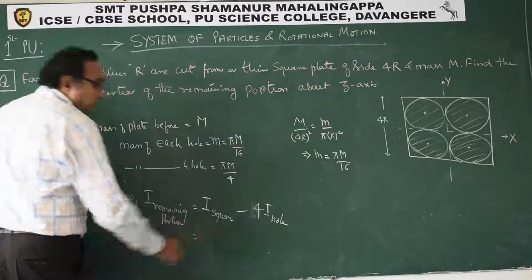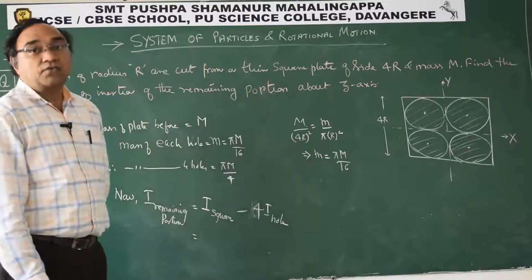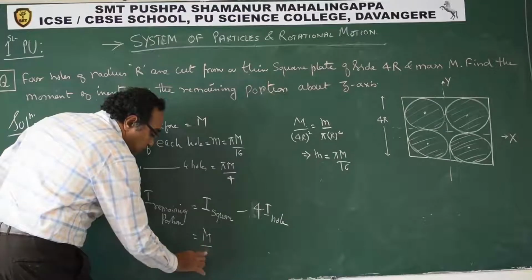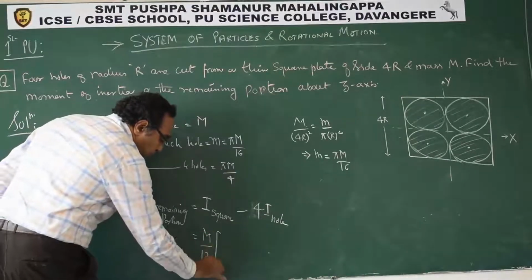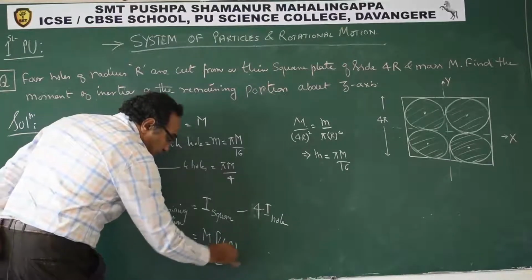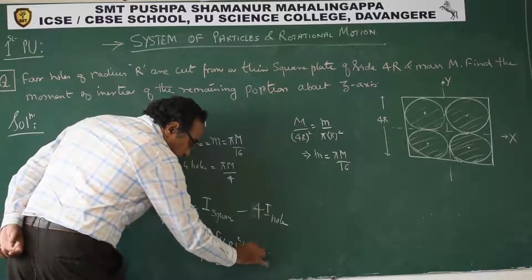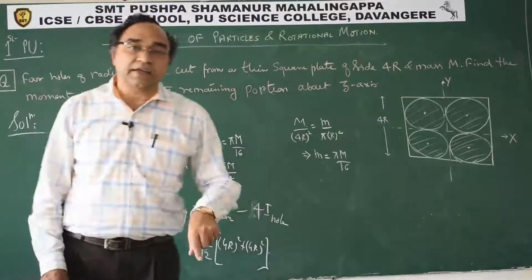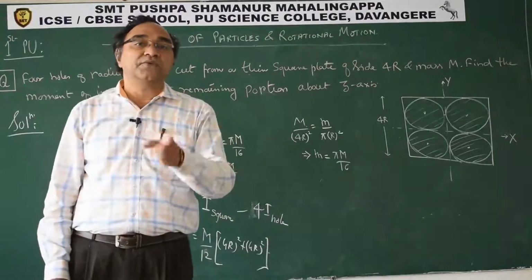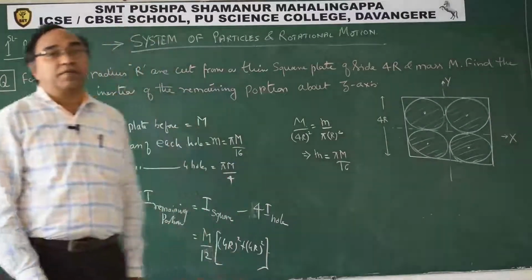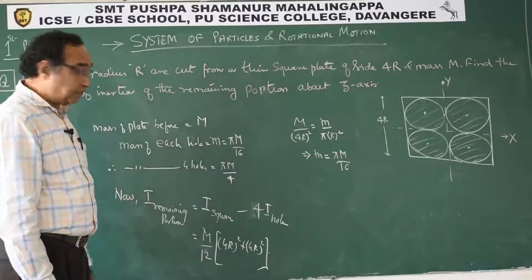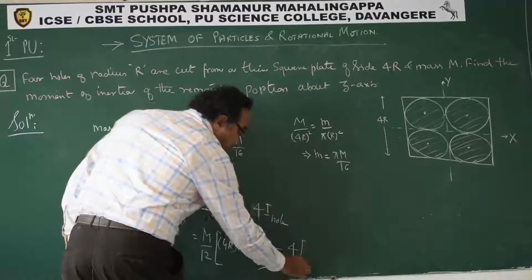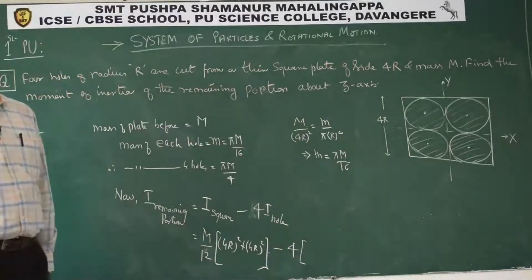Moment of inertia of the square, it's a square, so it is m by 12 a square. This is what is the moment of inertia of a square. If it is a rectangle, m by 12 l square plus b square, that is the moment of inertia about the z axis, minus 4 times moment of inertia of each hole.